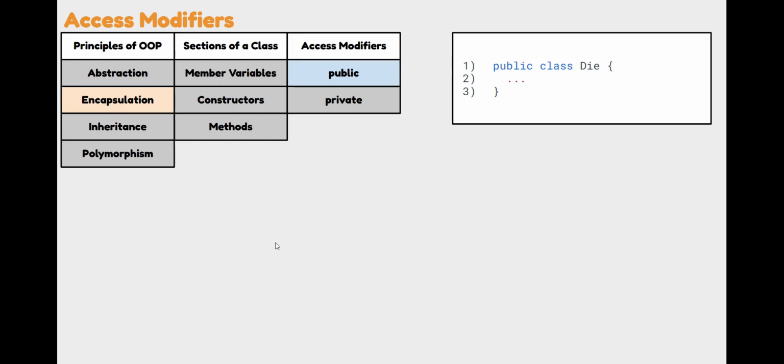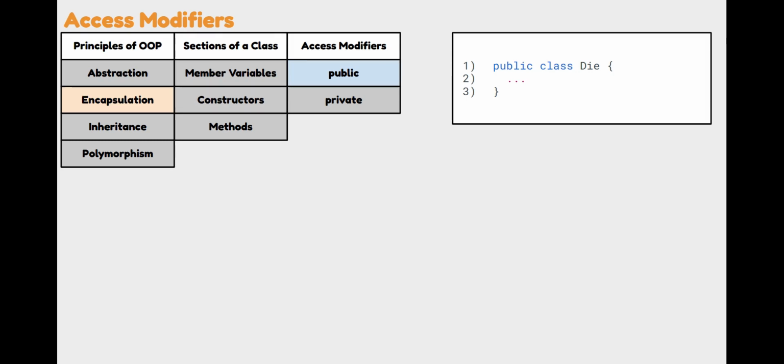Again, encapsulation means protecting our class, variables, constructors, and methods from misuse. We're talking about the overall class definition, and we are going to give that the access modifier of public. We do this so that other classes can use this class and make objects from it. It wouldn't do much good if we made a class and nobody could use it.